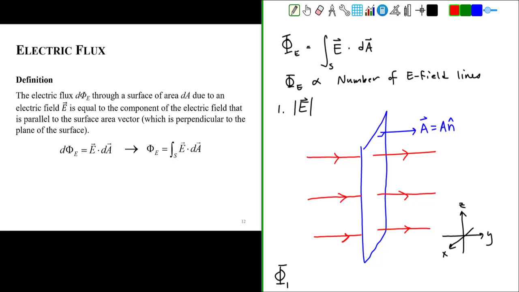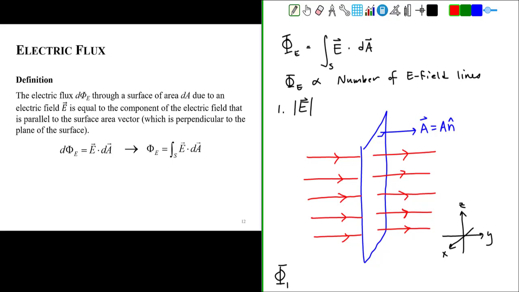So if we continue adding field lines, now the flux is quadrupled from what we originally had. Now the flux has increased to five times what we originally had. So notice the magnitude of the electric field in this region of space, indicated by the density of the electric field lines, is proportional to the number of field lines passing through that surface.